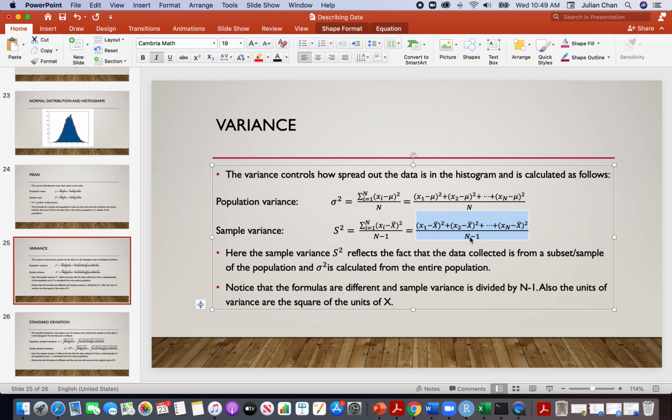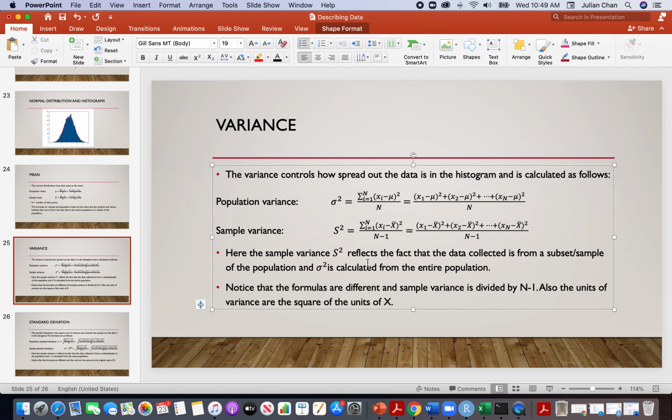Okay, so remember, sample variance is you take your observation, you subtract your sample mean, you square it, then you do the same for x2, you subtract the sample mean, you square it, and you repeat that for all your observations, and you divide by n minus 1.